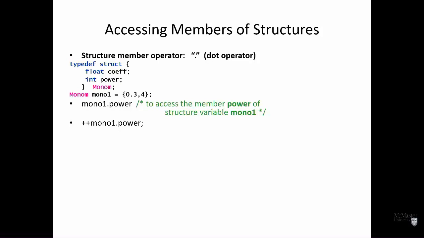Each time you define a new variable out of this structure, it's as if you take a copy and replicate it in the memory, and then you work on this copy. Good? This is why you can have multiple things. You can have mono1, 100, millions, it doesn't matter. You can define any number of variables out of this type. Do you have any question?